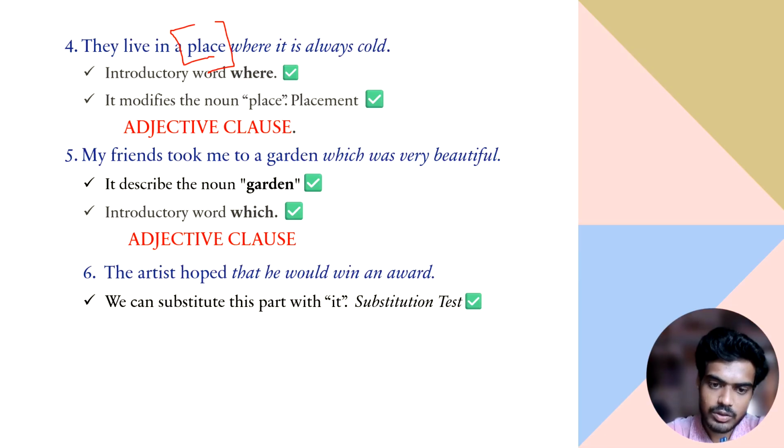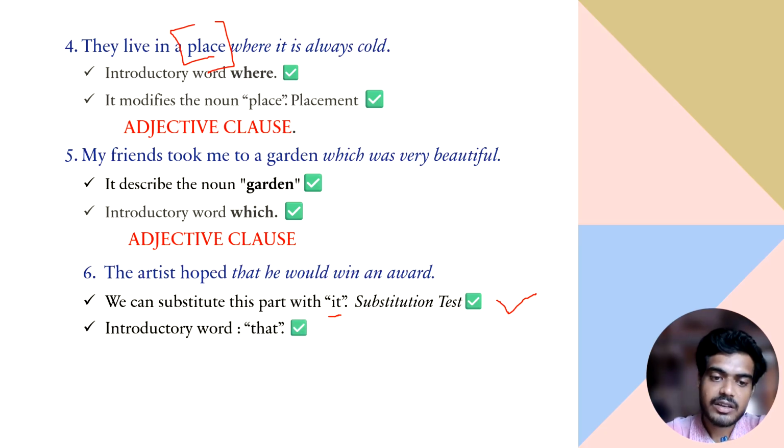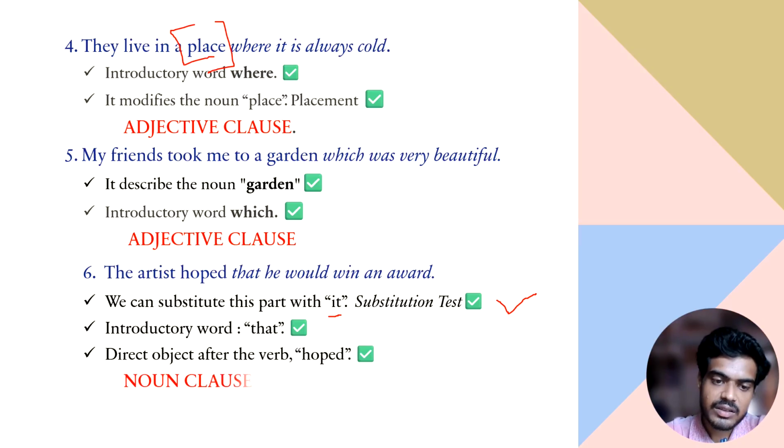So the substitution test is checked here, and next we can check that the introductory word that is here, so it is a noun clause. And the direct object, that he would win an award, is placed after the verb hoped. So it is a noun clause. Okay.